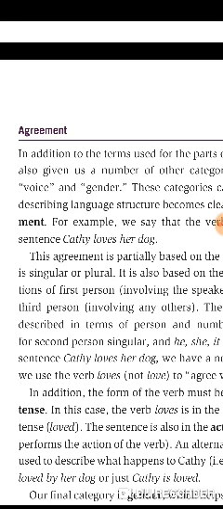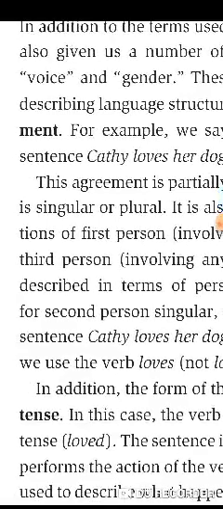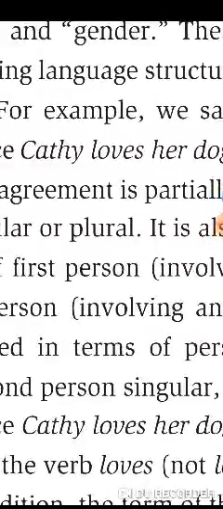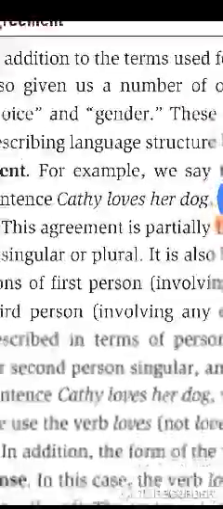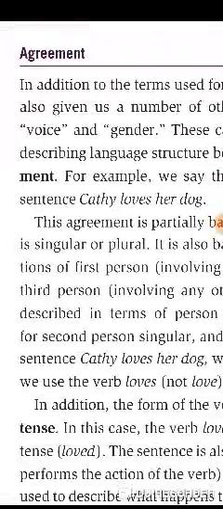Her dog, her, not his, in English. Now, again, we see that Kathy is, as I told you, the name of a person. It is the third person singular. We see that the verb must agree with it, so that's why we add an s at the end of love to make loves. Okay, so these are instances of agreement.